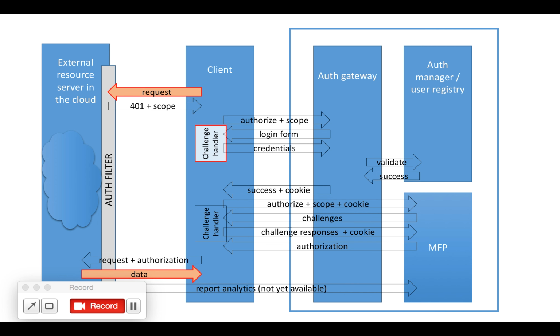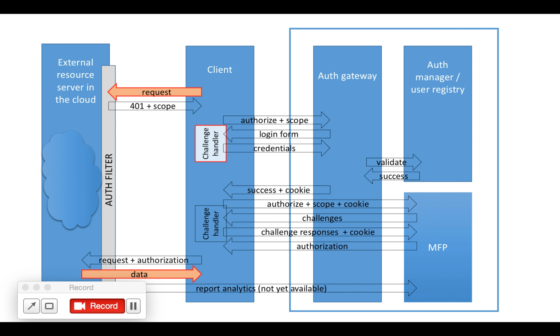Next thing the client knows, it's getting the data. And the second challenge handler, as in the previous example, is optional. It takes care of device and application authentication. In case you don't have any explicit custom device or application authentication, it will be absolutely transparent.